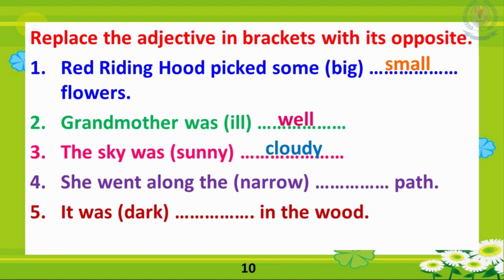Yes, it's cloudy. The sky was cloudy. Then what's the opposite of narrow? Yes, it's wide. She went along the wide path. Then what's the opposite of dark? Yes, it's light. It was light in the wood.